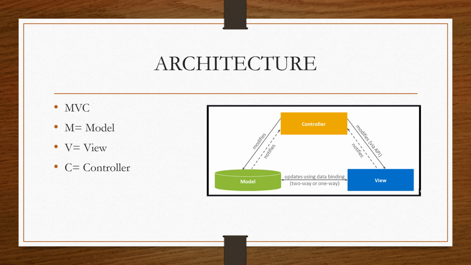Controller modifies the data, and controller notifies the view that we have modified the model. Model and view are connected using data binding. There are types and modes of data binding which we will see in the upcoming videos.